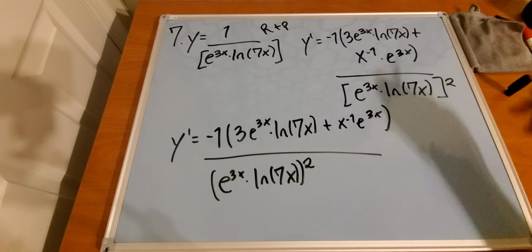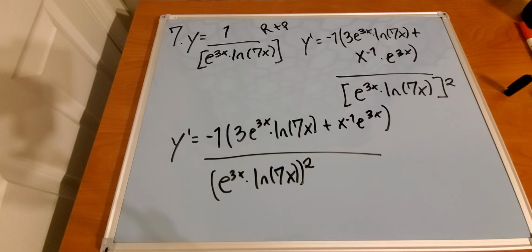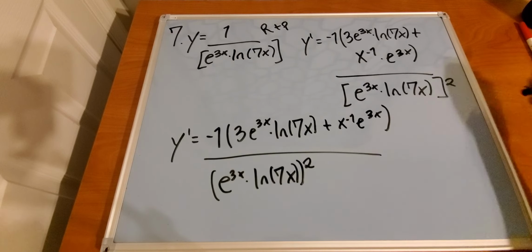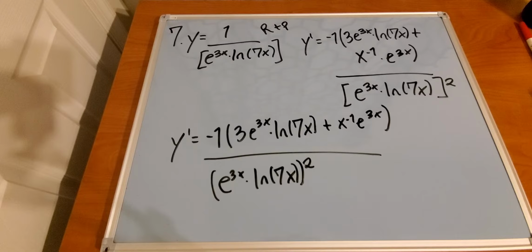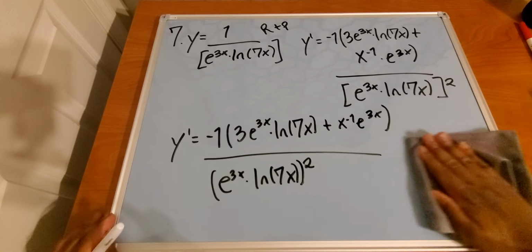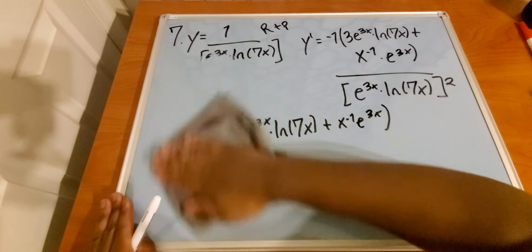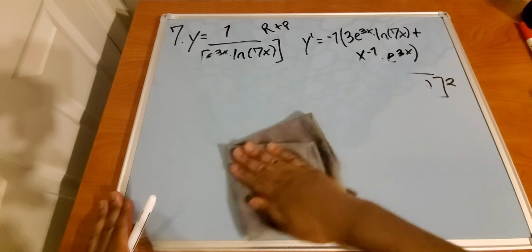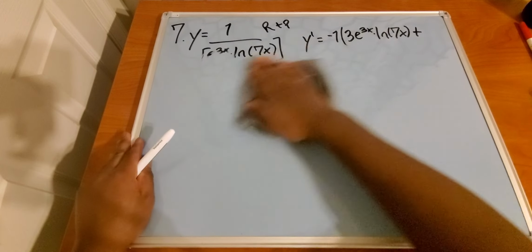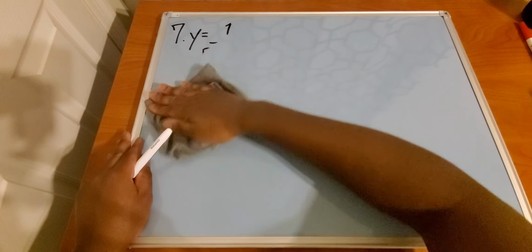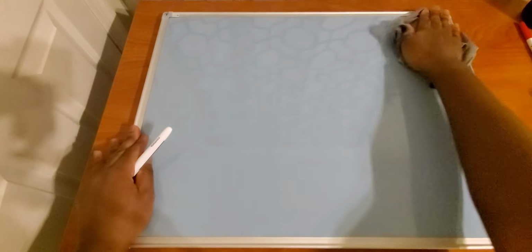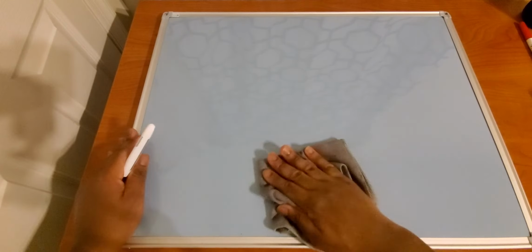You can pull out an e to the 3x here and simplify it down further, but I'm not going to because I have one more question and I have a time restraint on this, because if I go too long, my videos get cut and then I have to re-record it. But on the solutions that I'll have in the comments, I do actually pull out that e to the x. So you can just look at that if you're wondering how you do that.